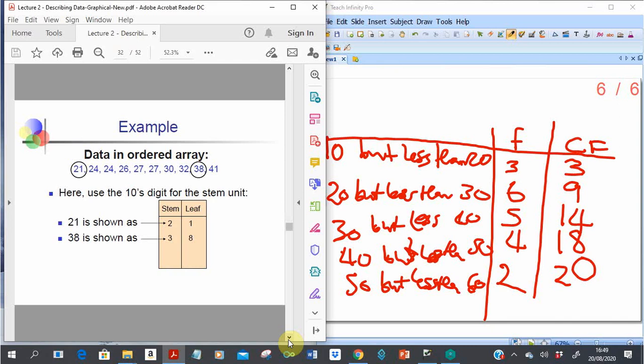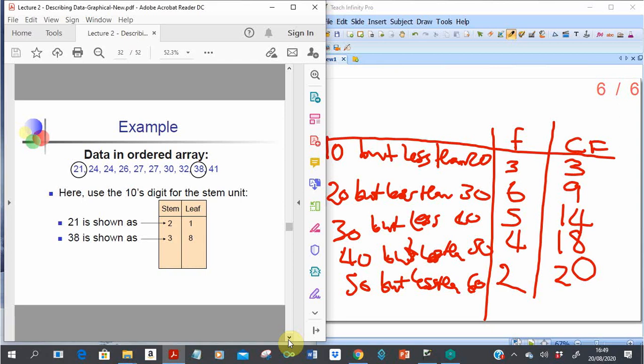So in that data set that you've been given, 21, 24, 24, 26, up to 41, this is a two digit stem and leaf plot.